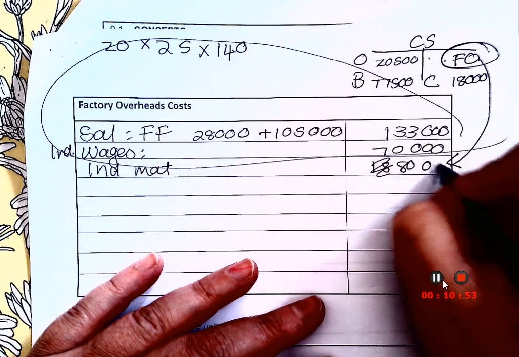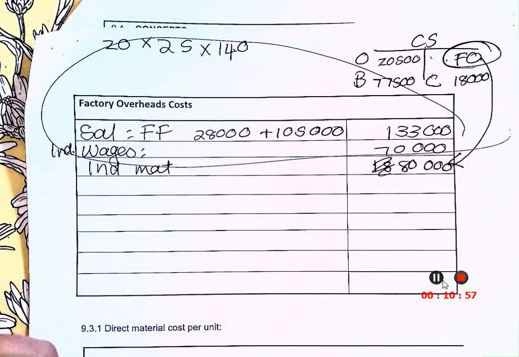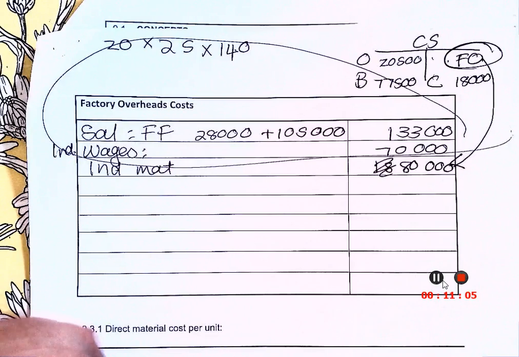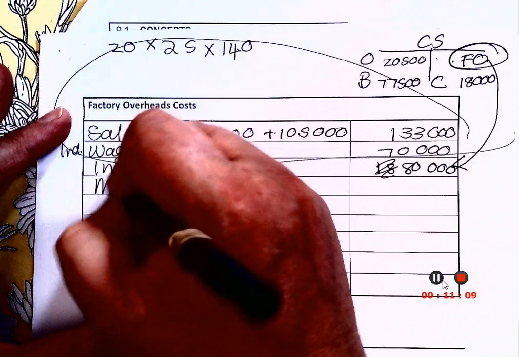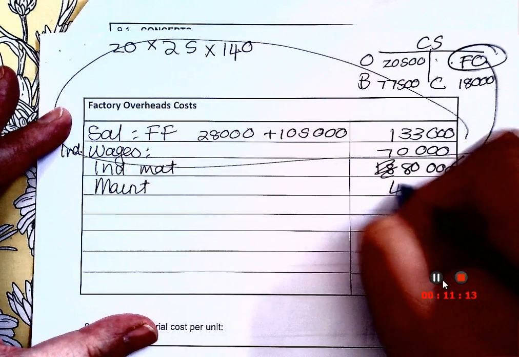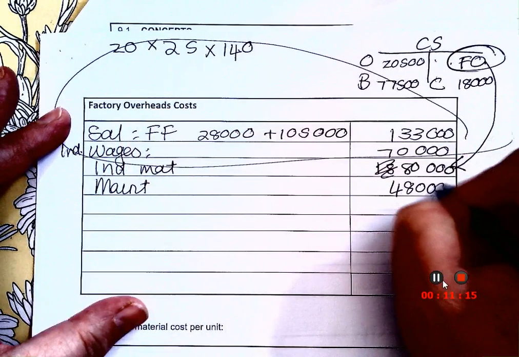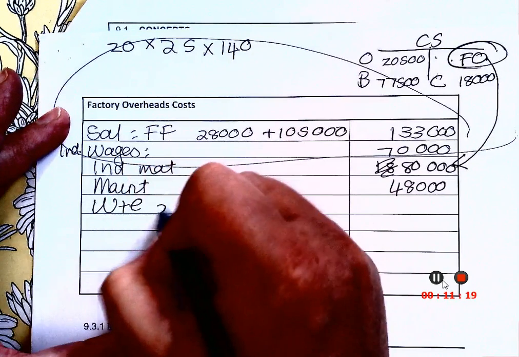Okay, here we go. Next one, I see. We've done all of that. Commission paid to sales staff doesn't go in. Maintenance for factory equipment definitely goes in. 48. Water and electricity, 21,000.